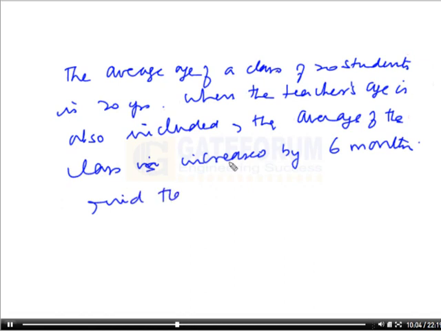Find the teacher's age. 20 students, average is 20 years. Include the age of the teacher, it becomes 6 months more.